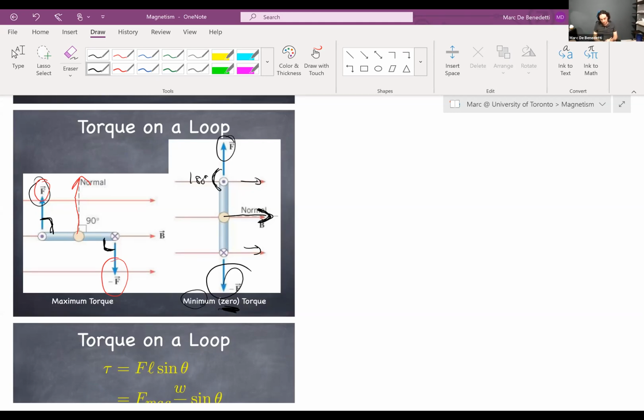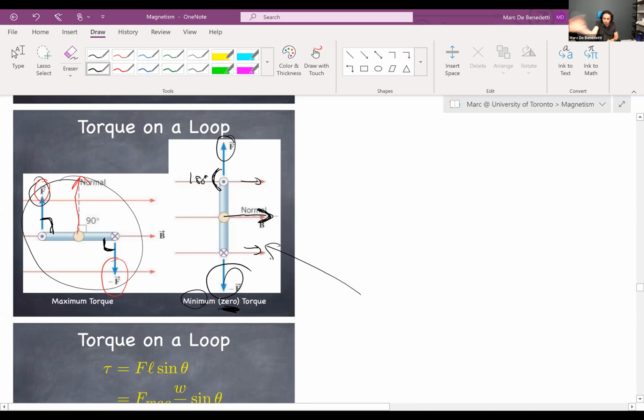Inertia, right? If there's a maximum torque here, then by the time it gets to this orientation, it will be traveling with a certain speed. So even though there's no torque causing it to continually accelerate, inertia will carry it through the equilibrium point.